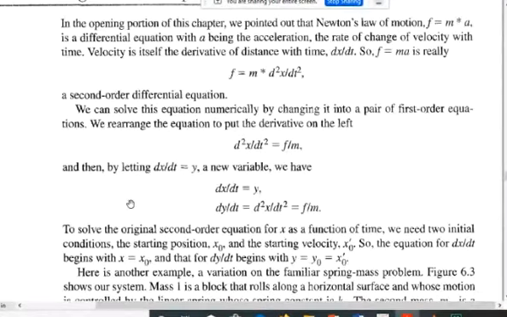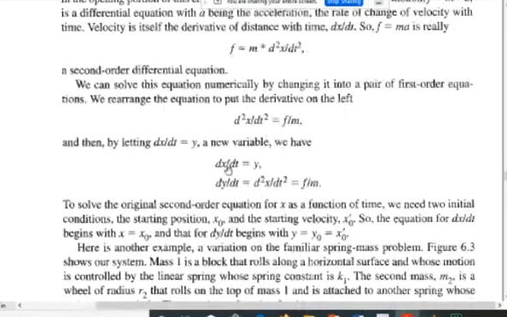Actually, we can transform a higher order differential equation to a system of single order differential equations. For example, by letting dx divided by dt be a new variable y, we have this system of equations: dx/dt, or x prime of t, equals y, and dy/dt equals f divided by m.